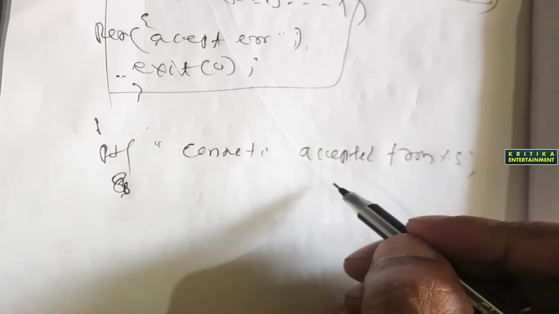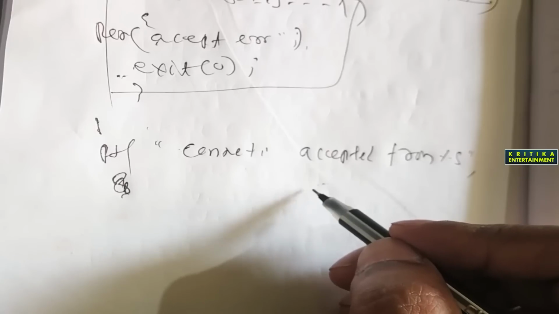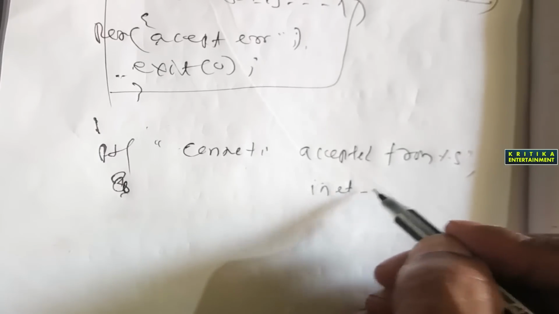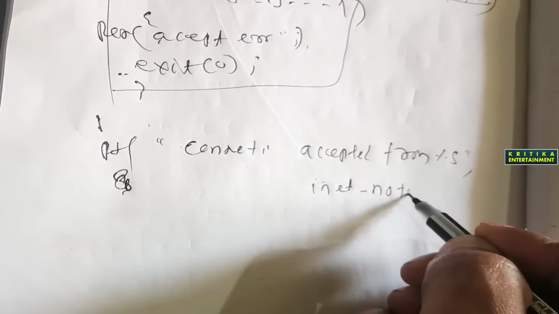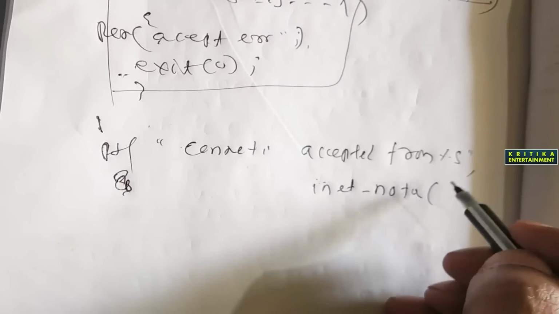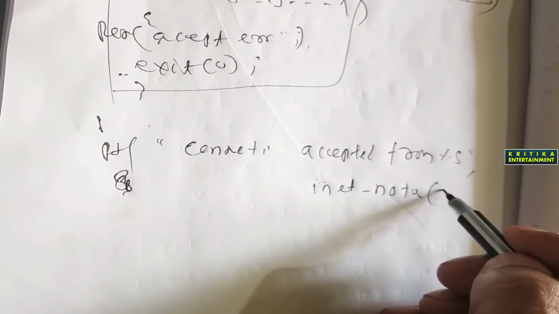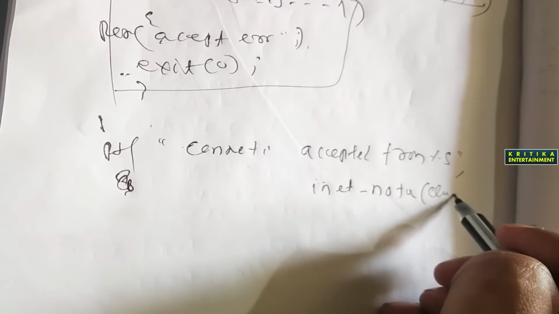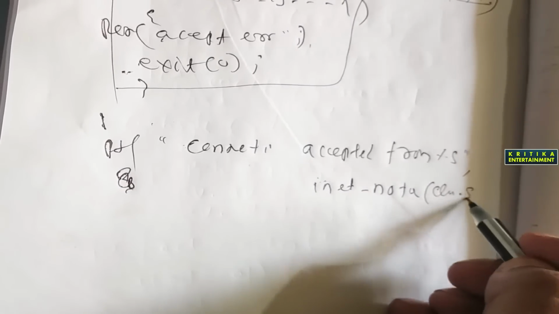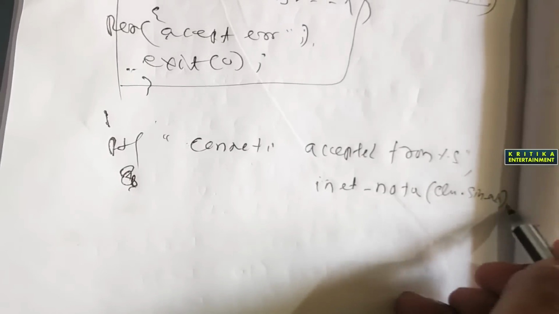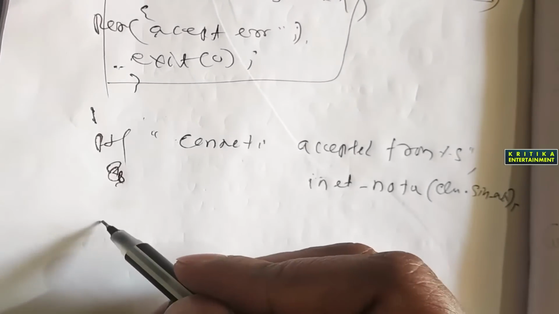Now write inet_ntoa, network to ASCII. Here I will write client dot sin_addr. That means it will be set.